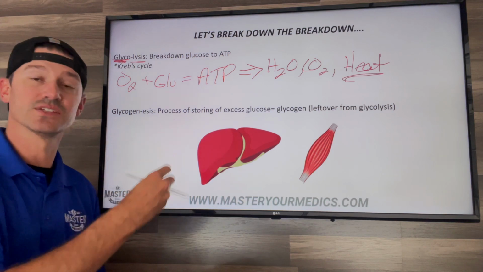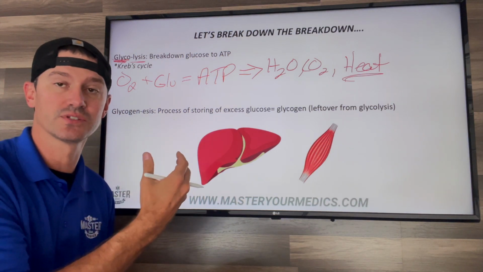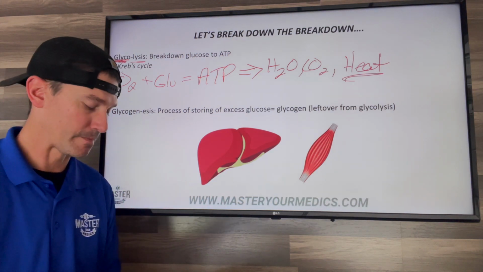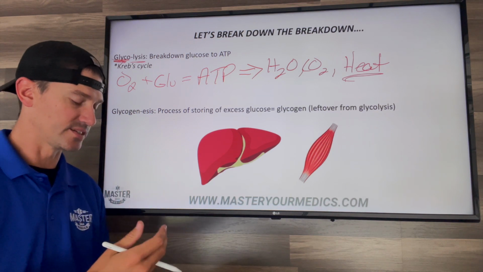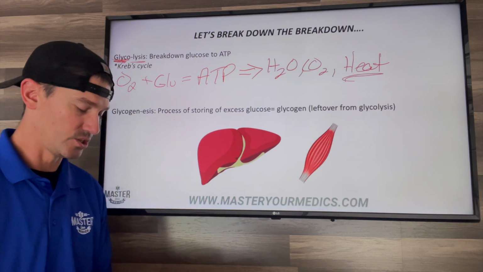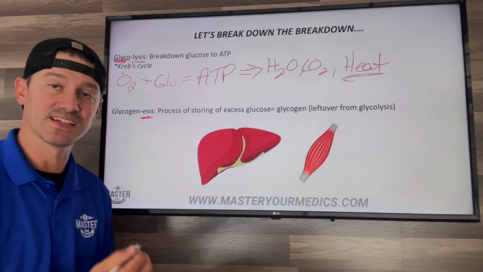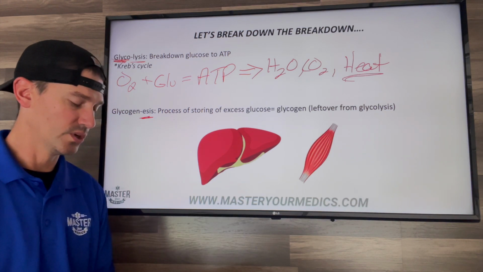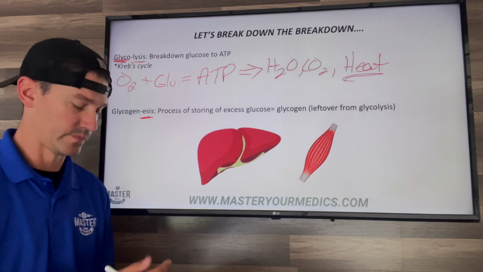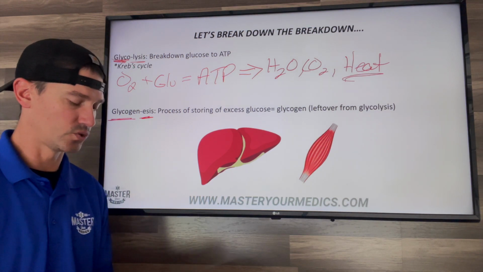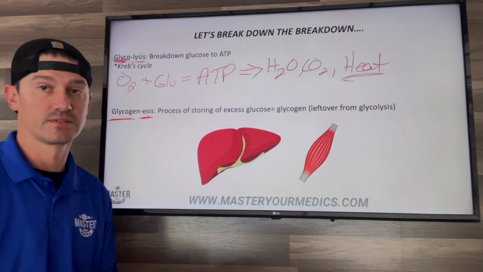So glycolysis is the breakdown of that glucose into that ATP. The next process is glycogenesis. Breaking this down again, the suffix esis means to store. So we are creating storage of glycogen.